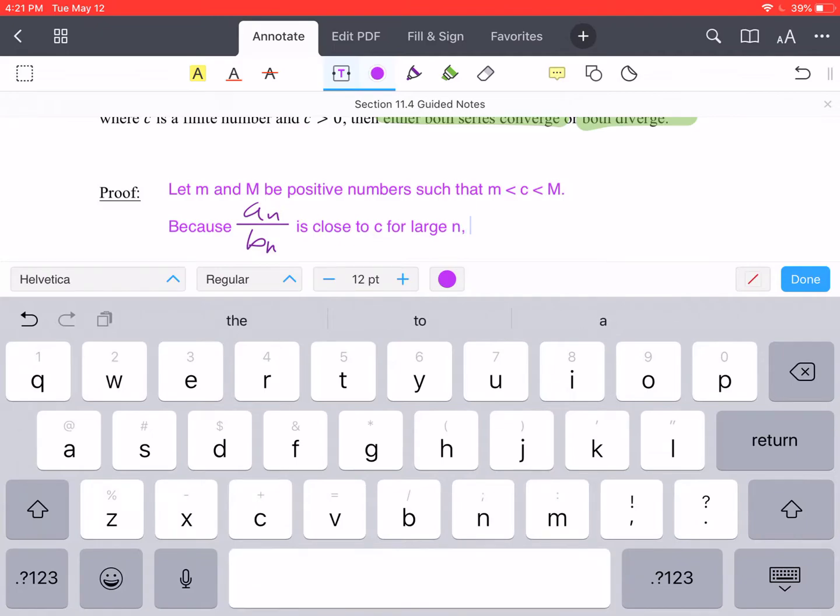So think about that. If the limit is c, then that means as n gets larger and larger and larger, right, we get further out towards infinity, that quotient is getting closer and closer to c. That's what it means to have a limit, right?